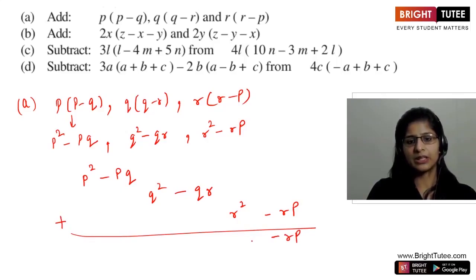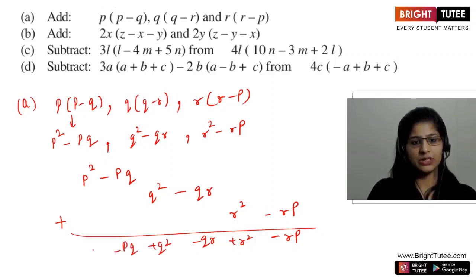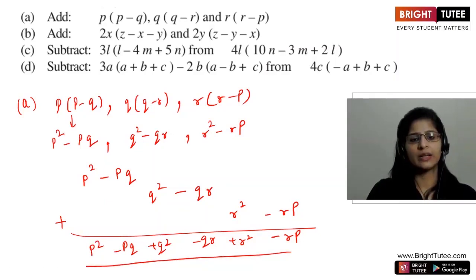So minus rp plus r square minus qr plus q square minus pq plus p square. So this is going to be our answer. Clear? P square plus q square minus qr, it is also minus pq plus r square minus rp. Alright, let's do the second part now.